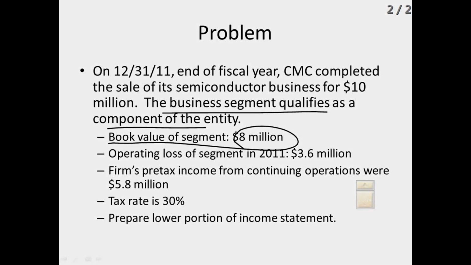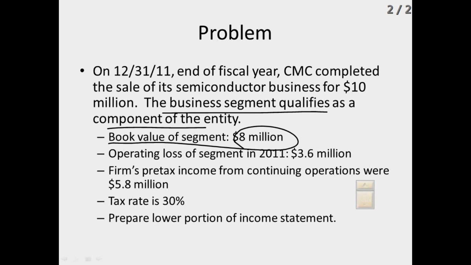Now, they tell us that the book value of the segment is $8 million. What does that mean? What does it mean, the book value of the segment? Okay, well, what do you mean? So the $8 million, what is that telling me? That's the historical cost of the assets minus depreciation, but also minus any of the liabilities.